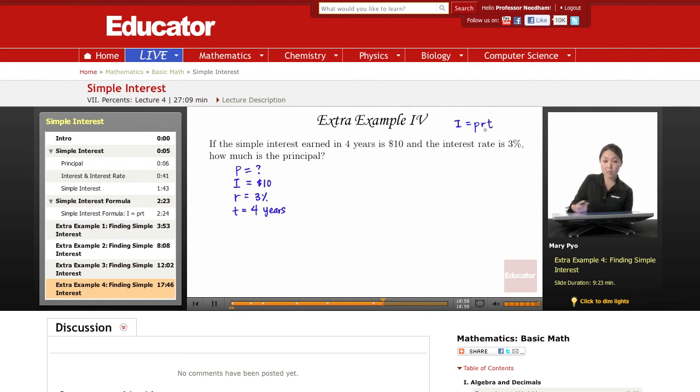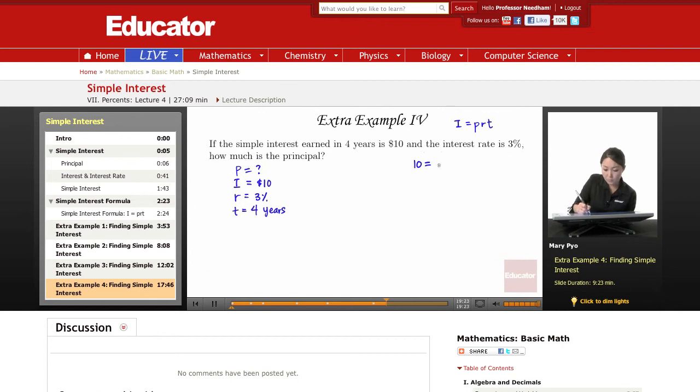Now, whenever they do this, it's okay. All you have to do is follow the formula. Just plug in the numbers according to where it is in the formula. So we have I. We know what I is. I is 10. So then write 10 instead of I. Equals, now P is what we're looking for, right?